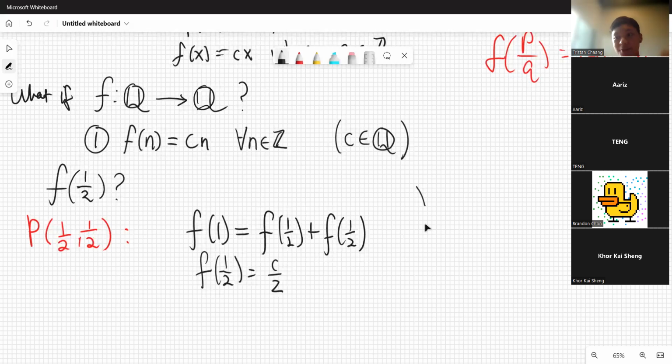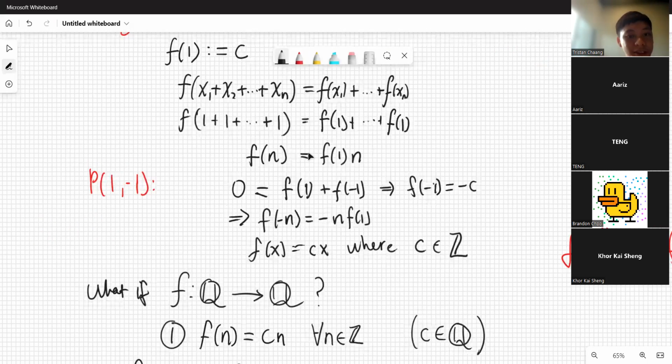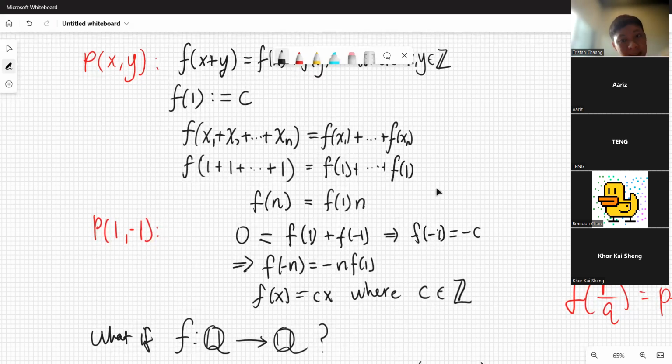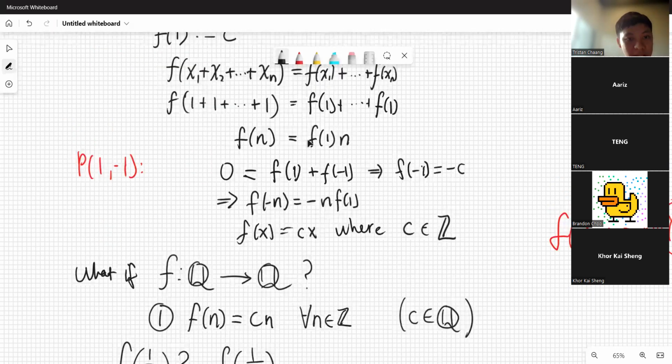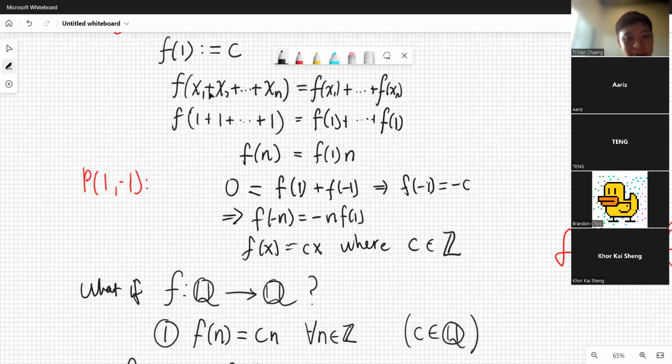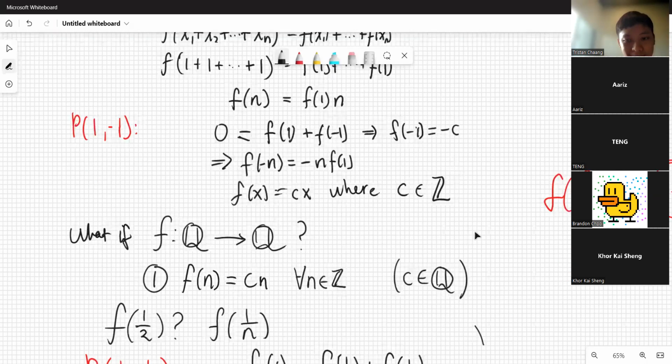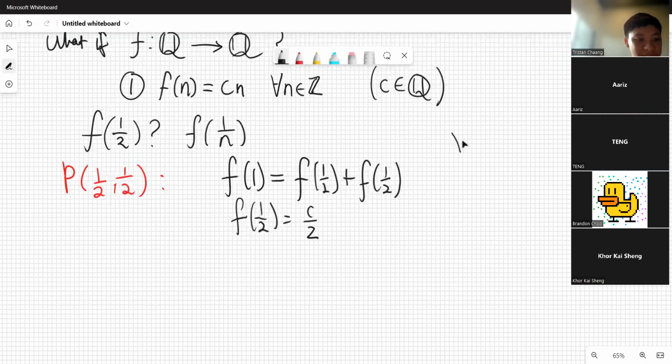And yes, so we can generalize this. So how do we get f(1/n)? We just use the generalized form of the equation, right? In fact, I can let this be x1, x2, ..., xn, but you should get the idea.